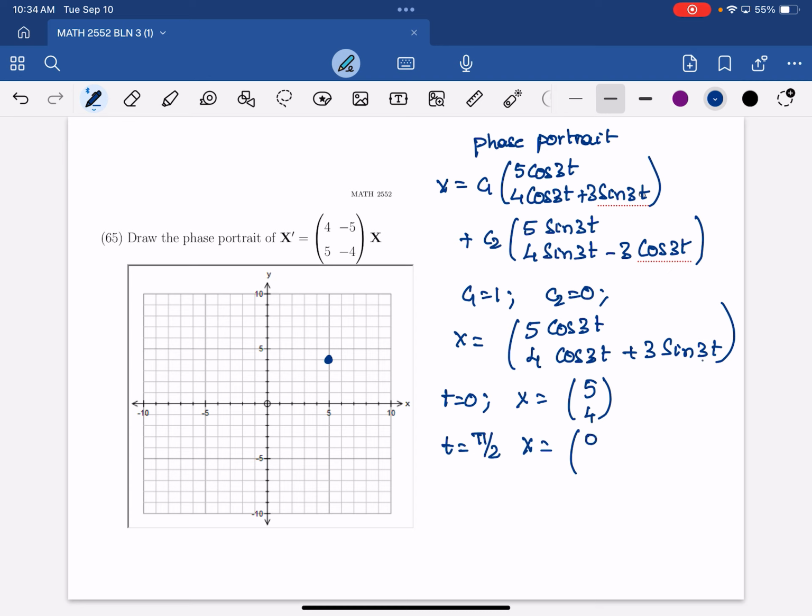Then 4 cosine 3 pi over 2 would be 0 again, and 3 sine 3 pi over 2 would be negative 3. So (0, negative 3). So my vector would be here. The terminal point of the vector would be somewhere there. Do you agree with me on that? Yes?